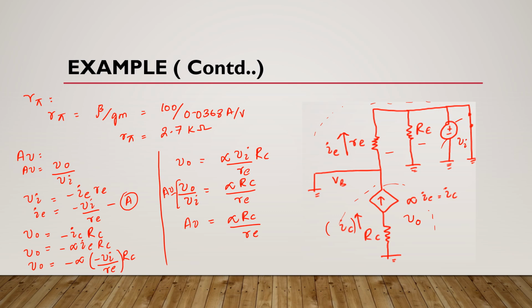We know that alpha is equal to 0.99, RC is 5 kilo ohms, and this RE is 26.9 ohms. Okay, after solving this, you will get voltage gain which is equal to 184 volts per volt. Okay, so this is your answer. This is how you are going to do AC modeling using T model.